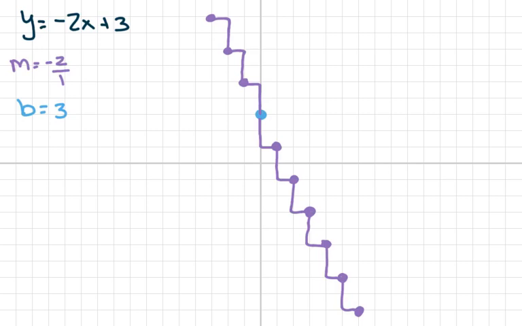And then we're going to use our straight edge. And remember, we want arrows on both sides. So this line represents y equals negative 2x plus 3.